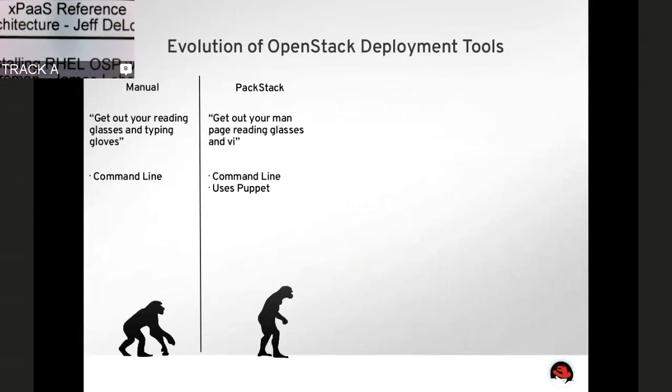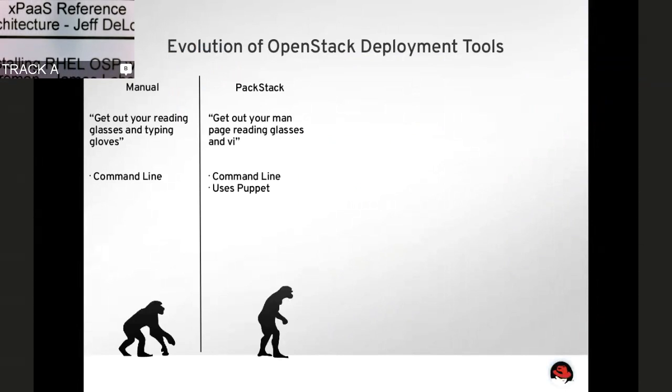So along comes PackStack, and PackStack was a tool that we developed in the RDO community. And this is what I call get out your man page reading glasses and VI, right? So you're going to be hacking an answer file, and you're going to be reading every switch in the book on PackStack. So this is nice though, because we took it from just being command line to basically having some level of automation around a command line tool for deploying OpenStack.